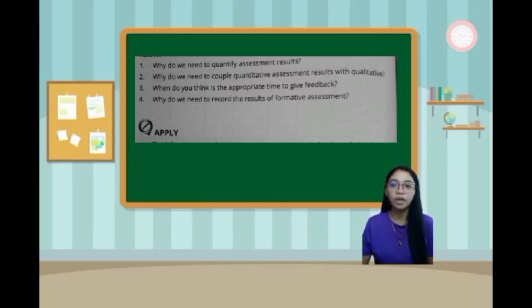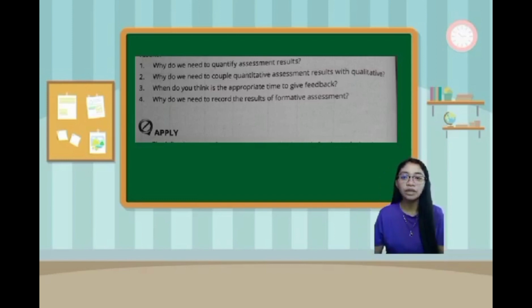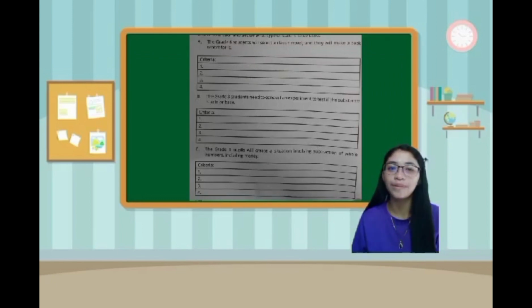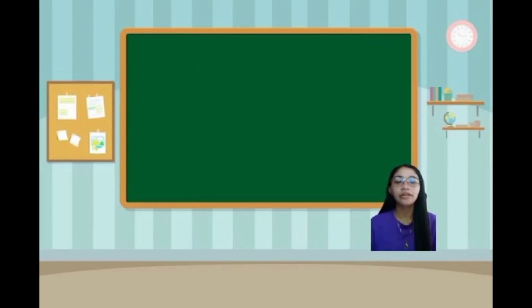The third, when do you think is the appropriate time to give feedback? And lastly, why do we need to record the results of formative assessment? The following are performance tasks. Provide a scale for the task by giving four criteria each and decide what types of skill are to be assessed.